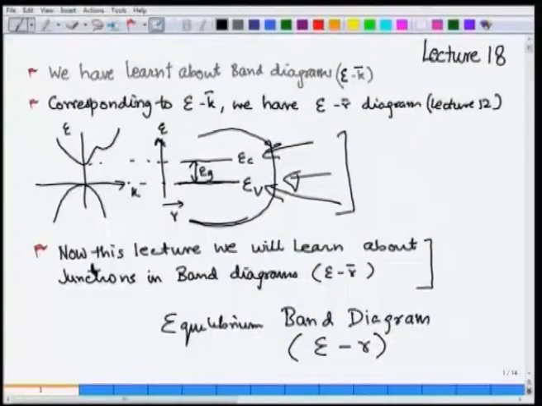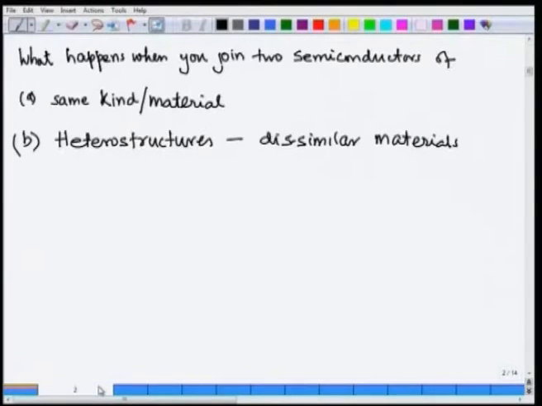To further refine what I am talking about, let us look at what we are going to do in this lecture. The question we will answer is, what happens when you join two semiconductors of the same kind or material? An example would be silicon, except that one is N type silicon and the other is P type silicon, but nonetheless the material is the same.